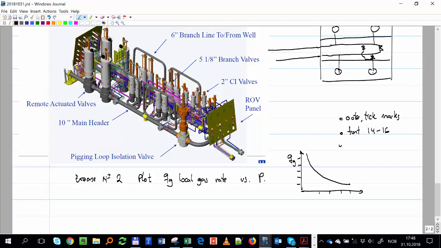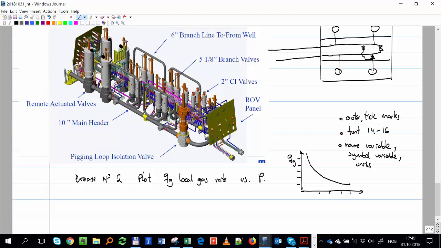In the name of the axis, put the name of the variable, the symbol of the variable, and the units of the variable. So if you say pressure, I write pressure, comma, P, comma, bar.